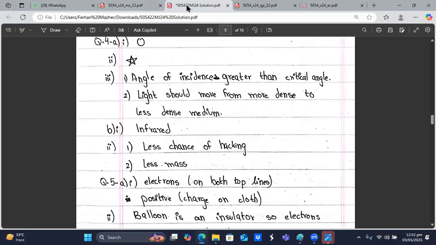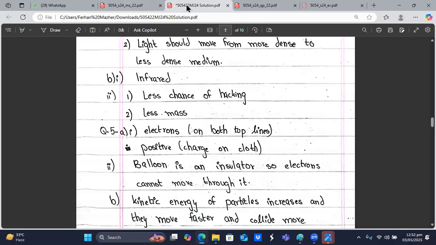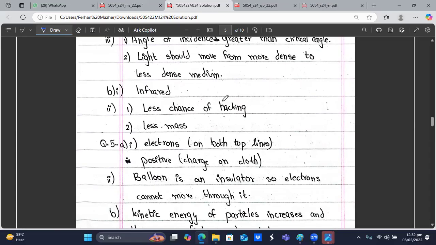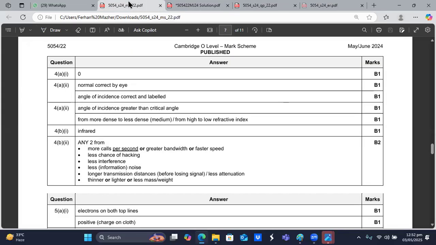So let's see what she has written. Less chance of hacking, less mass. I don't think the word hacking is good. There is less, you can say, interference.